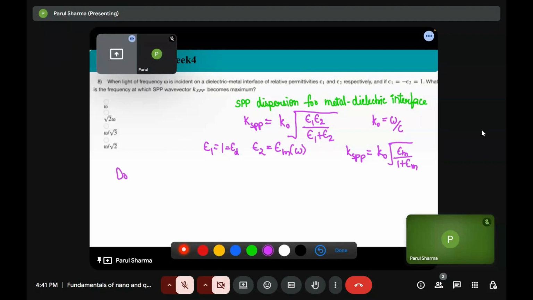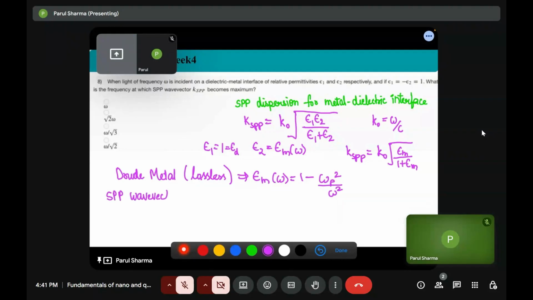According to Drude, when we are considering epsilon m of omega as 1 minus omega p square over omega square, this SPP wave will diverge when 1 plus epsilon m goes to 0. That is, epsilon equals minus 1.